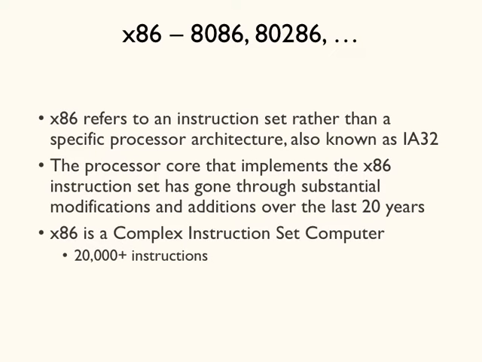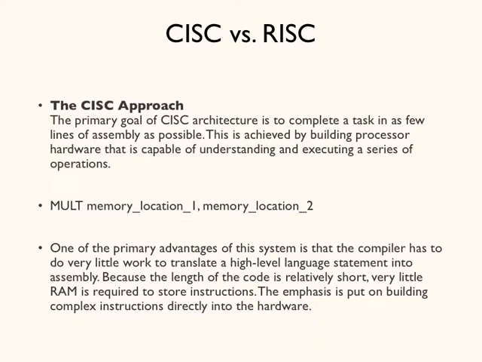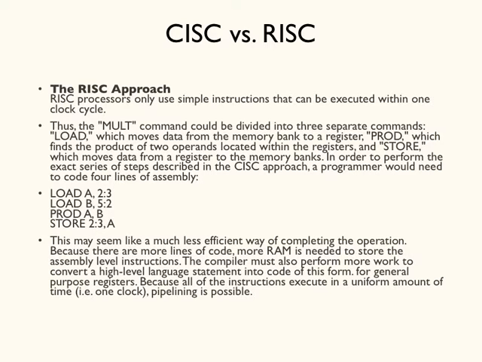One of the most important things is that x86 is a complex instruction set computer, or complex instruction set. You may have learned this from a computer architecture class. Basically, there are two types of instruction set. One is called RISC, reduced instruction set.